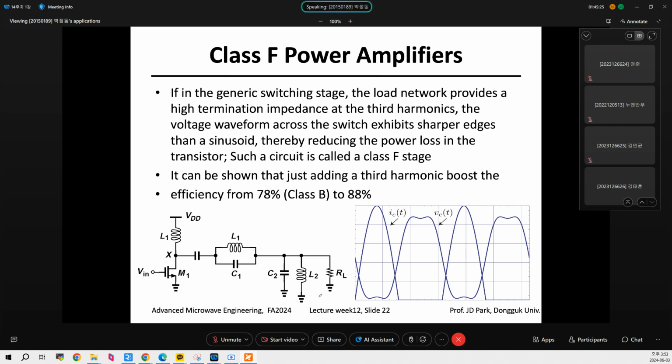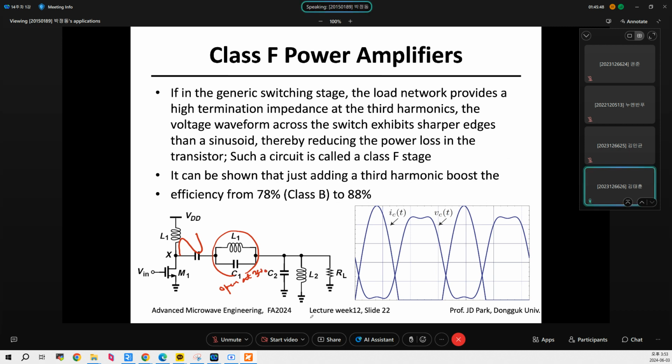What it means is that this is just generating a sinusoidal from the transconductance. However, since it has some network which is actually open at 3 omega 0.